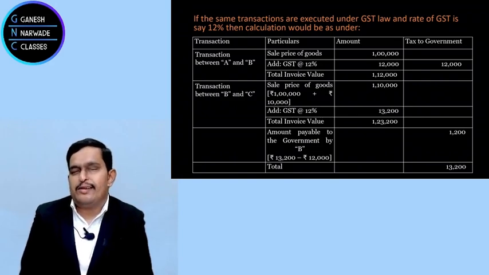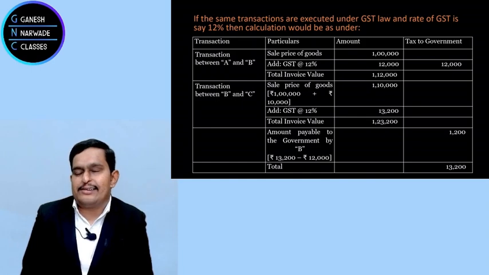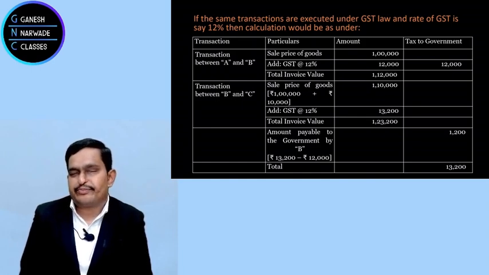Now B sold the goods for 1 lakh. 10,000 he added, so it became 1 lakh 10,000. On that GST 12%. So it is something like 13,200. Okay.